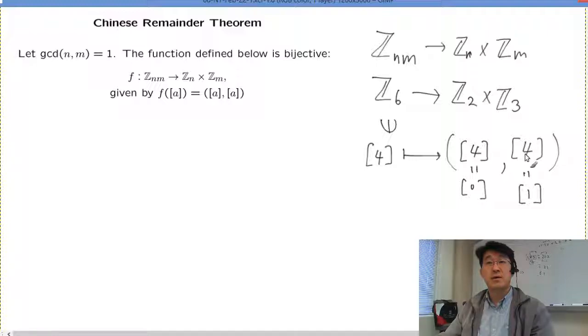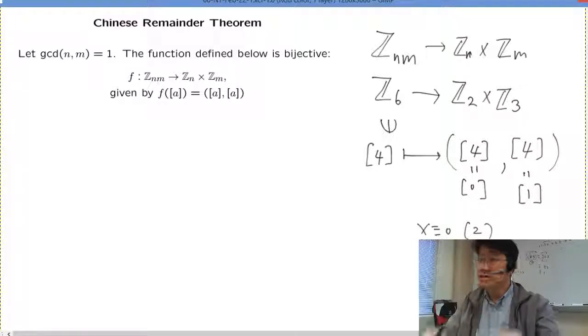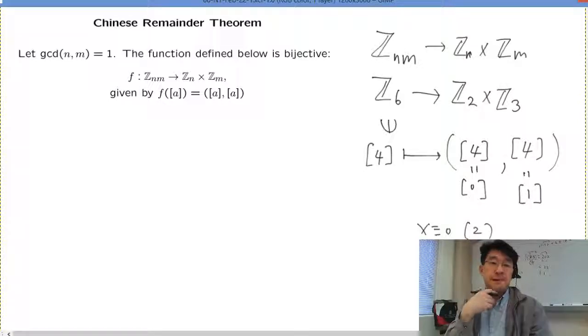Okay? So do you see the solution of the Chinese remainder theorem? There's some number out there called 4, which is congruent to 0 mod 2, and congruent to 1 mod 3, right? That version is captured like this. So the Chinese remainder theorem proves which part of this map, surjectivity or injectivity?